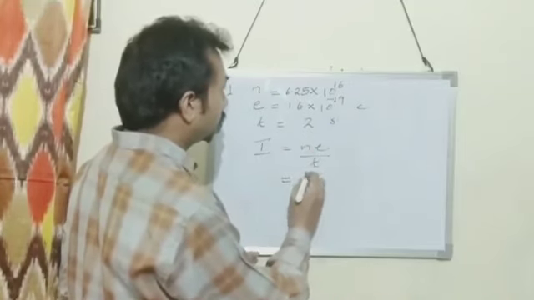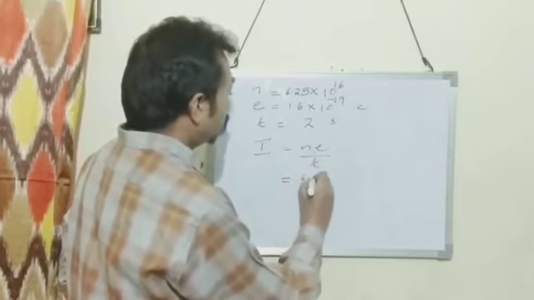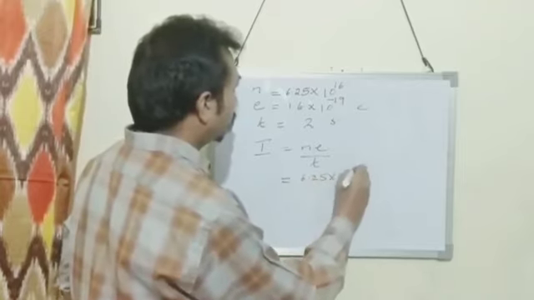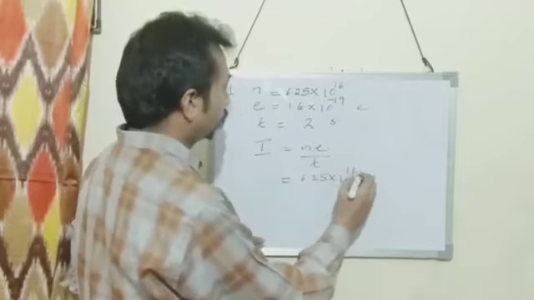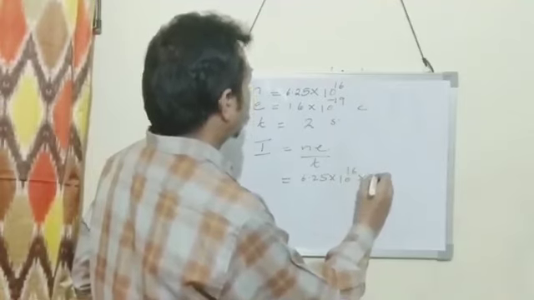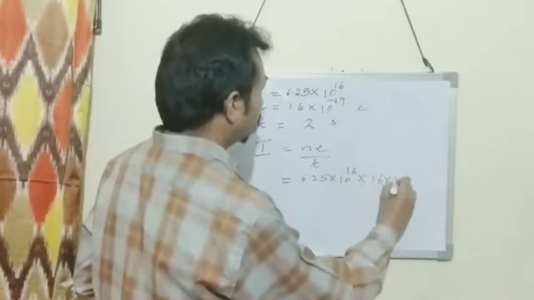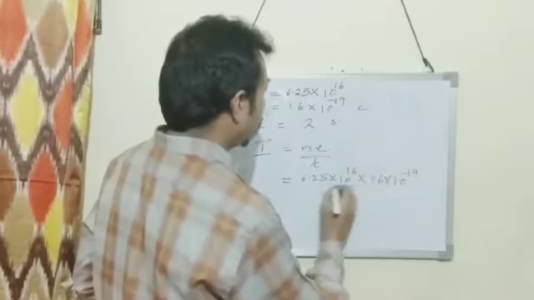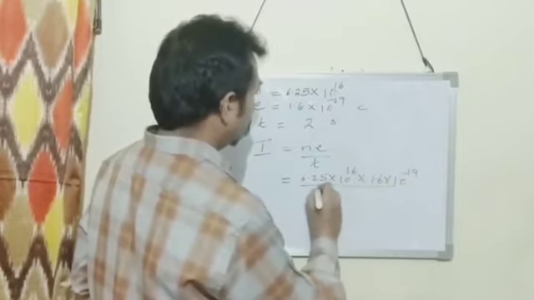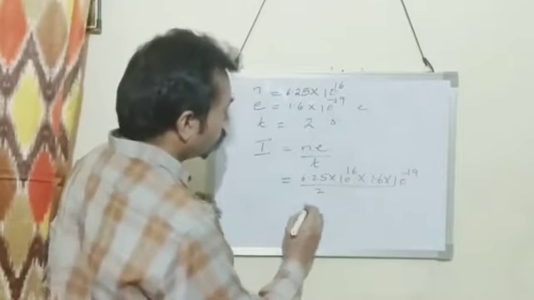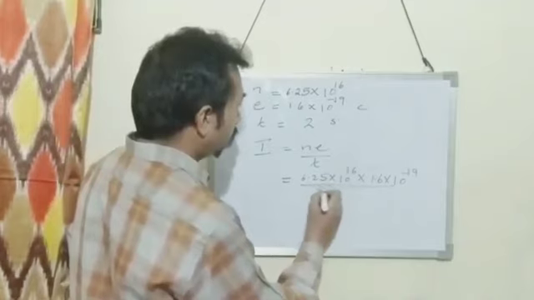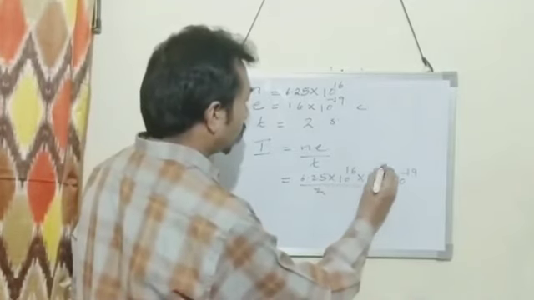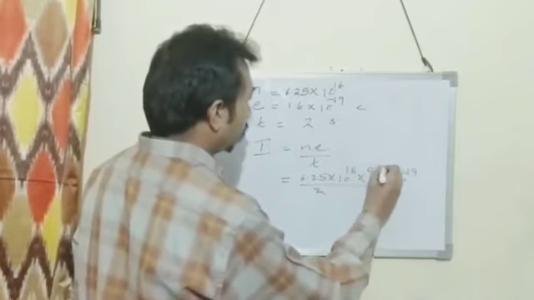Then we substitute 6.25 into 10 to the power 16 into 1.6 into 10 to the power minus 19 upon 2. So that is equal to this 2 and 1.6 we cut 0.8.